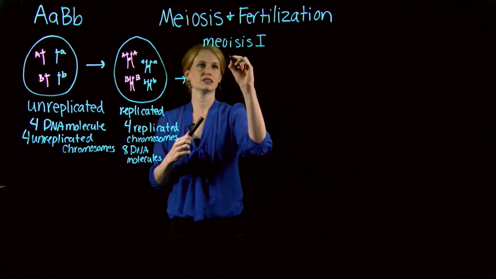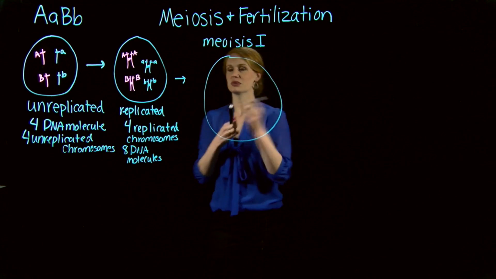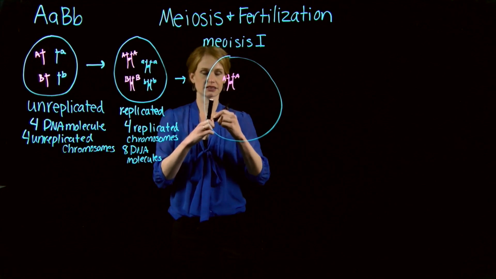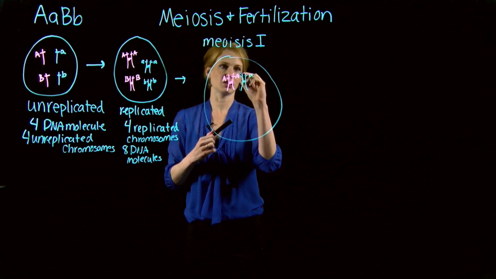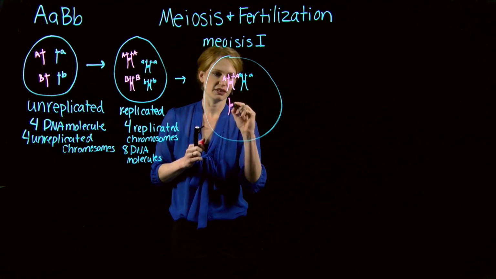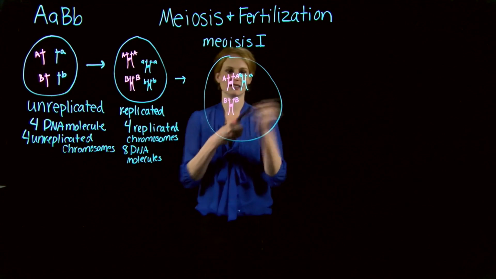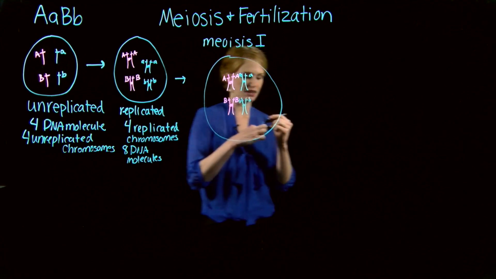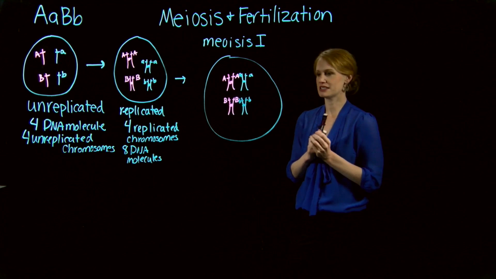This is the beginning of meiosis I. So I'm going to bring the chromosome with the big A together with the homolog with little a's, and the chromosome with the big B together with the chromosome little b. Now this is happening only in cells that are going to become sperm cells.